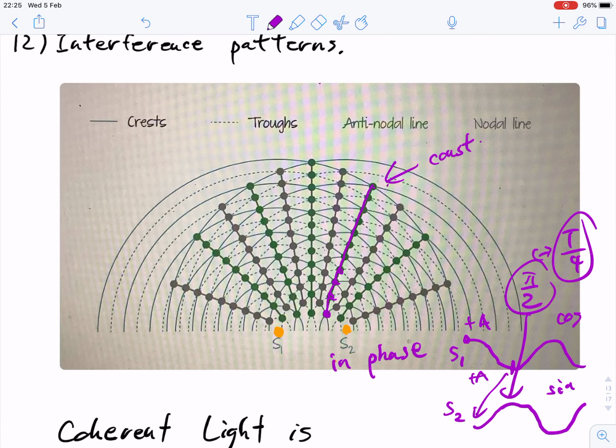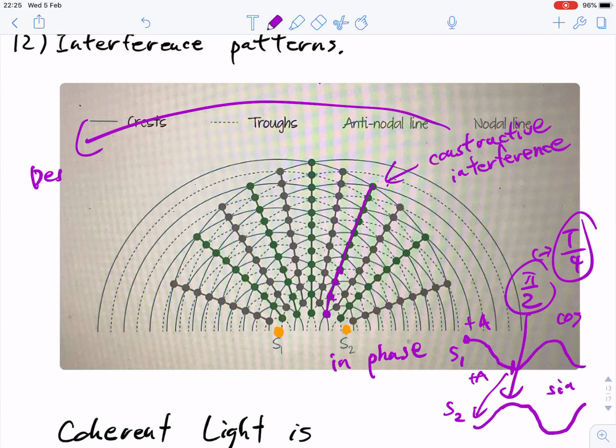And remember that destructive interference causes the wave to go back to an equilibrium position. Okay, so there are 2 types of constructive interference.